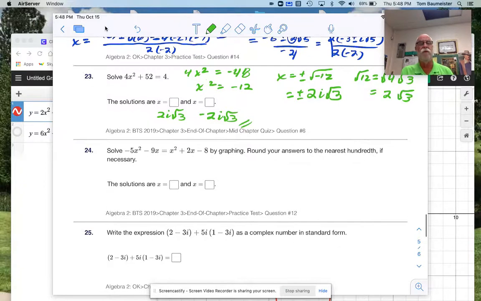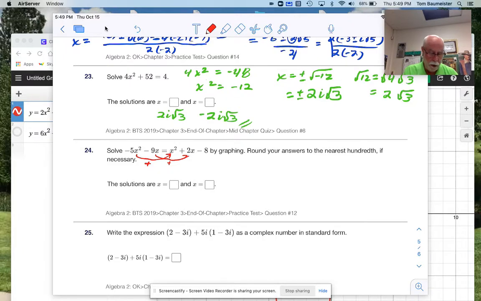Okay, number 24 is another one where we do it by graphing. On both of them, I set everything over to one side and set it equal to 0. The 5x squared was negative, so when I moved it over, it became a plus.